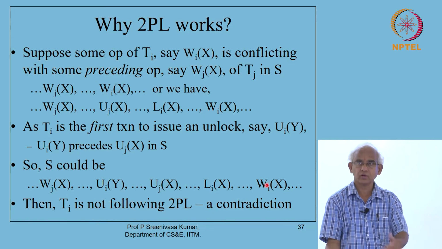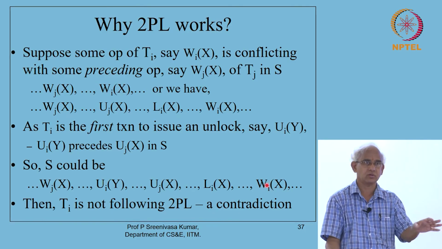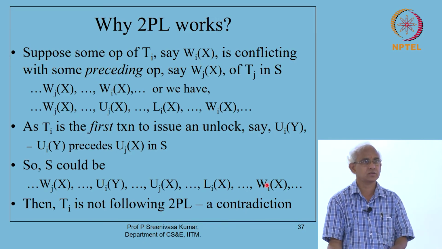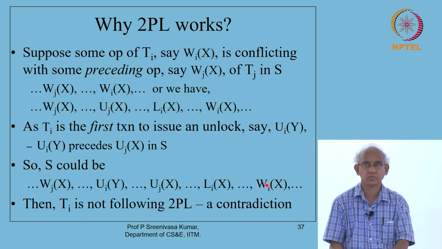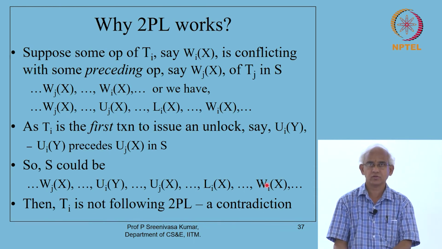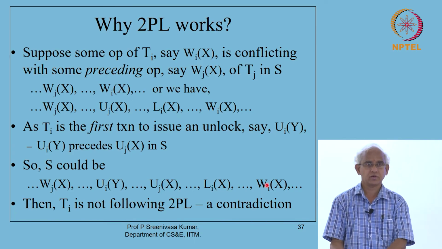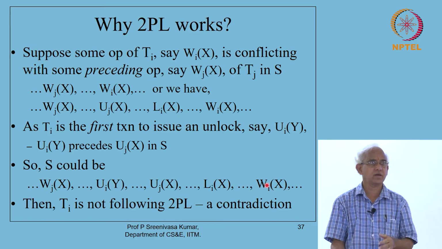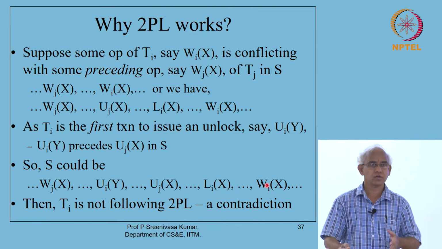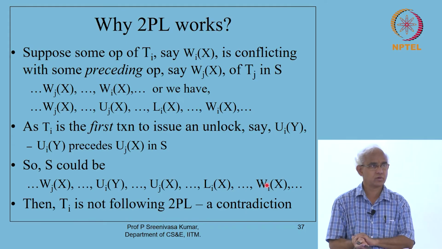So, we can now conclude that such a pair of operations does not exist at all. We cannot find such a pair. If we were able to find such an operation, we would come to a contradiction saying that transaction Ti is not following the 2PL protocol, but we made an assumption that everybody has to follow the 2PL protocol.